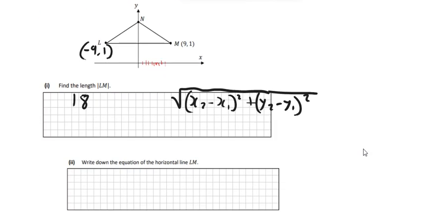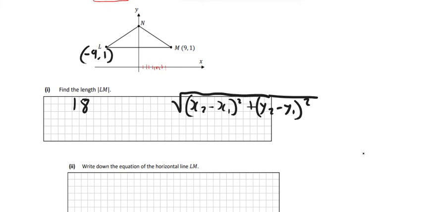So LM, well, the point here on the y-axis has to be the point 0, 1. So therefore, any horizontal line will always be x equals something. So in this case, it's going to be x equals 1 because x has to be 1. Sorry, actually, it has to be y equals 1, doesn't it? Because y is 1 everywhere along that line.